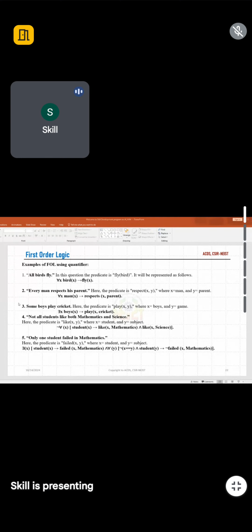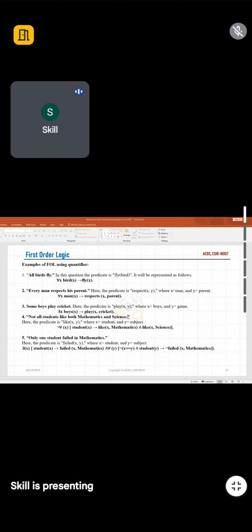The second example: every man respects his parents. We use this symbol to denote all or every. Then man(x) implies respects(x, y), where x is man and y is parent.